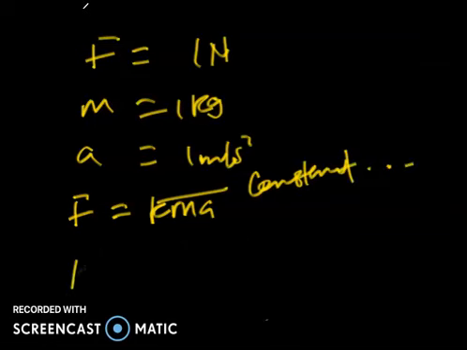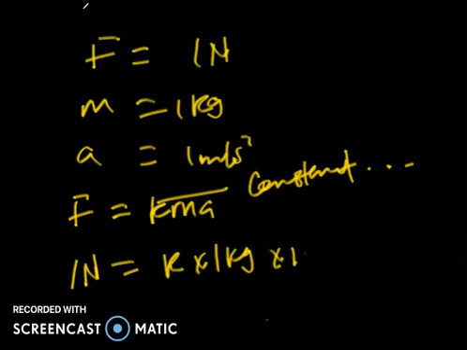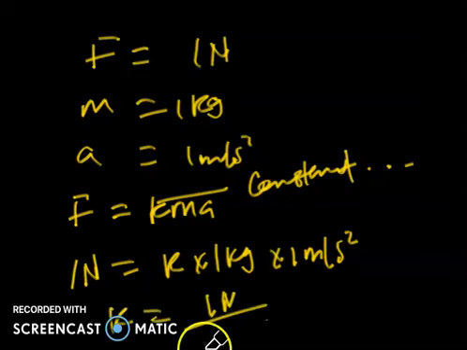So if we do our inverse substitution, we will simply have 1 Newton equal to that constant multiplied by 1 kg multiplied by 1 meter per second squared. So k will be given by 1 Newton divided by 1 kg times 1 meter per second squared.